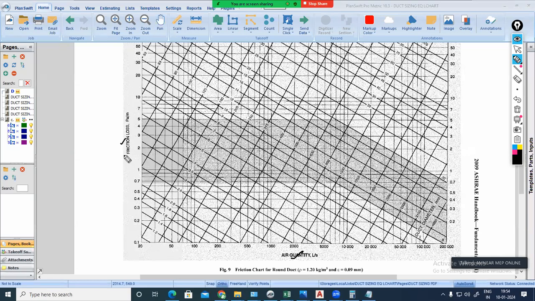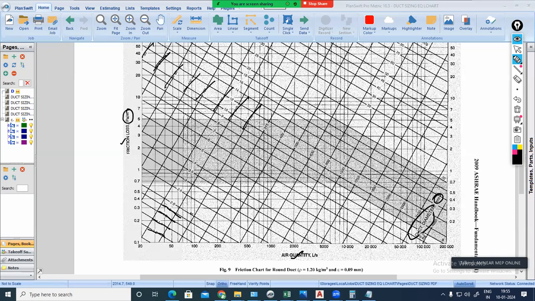Here we are having frictional loss or head loss in pascals per meter. And 1.2, 1.4, 1.6, 1.8, these lines are velocity lines, velocity in meter per second. 60, 50, 63, 80, 100, 125, 160, 200, 250 are round duct diameters in millimeter.